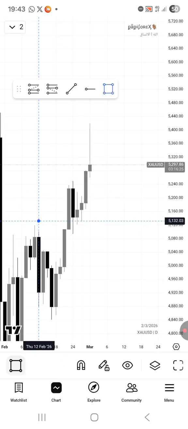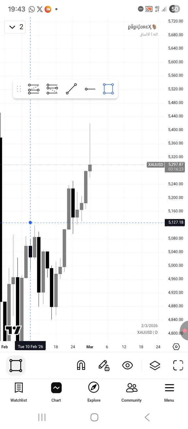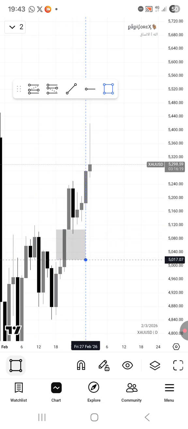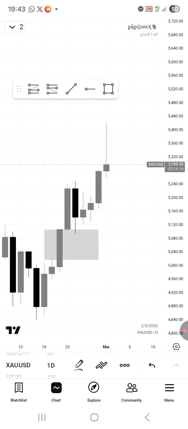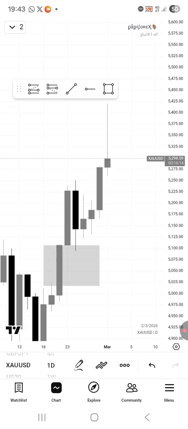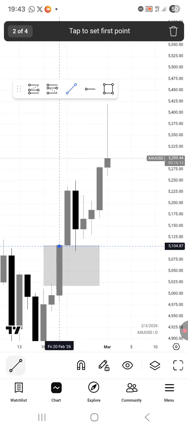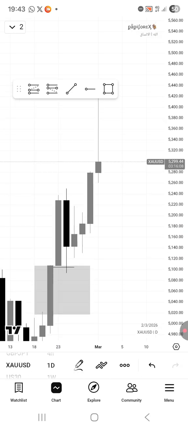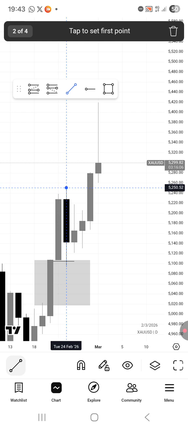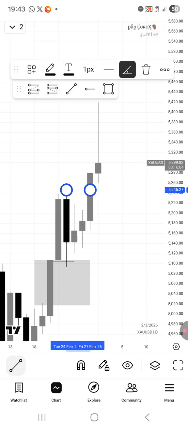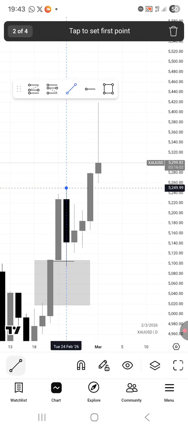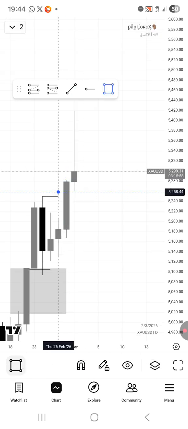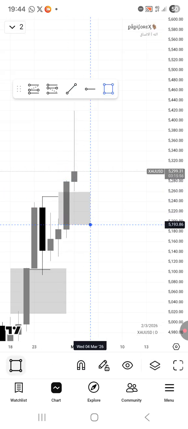We can see that after this break of structure here, gold reacted on this bullish fair value gap here, tapped on it, and rejected the area. Then it went higher, then it gave this break of structure. Our next point of interest is this fair value gap around here.